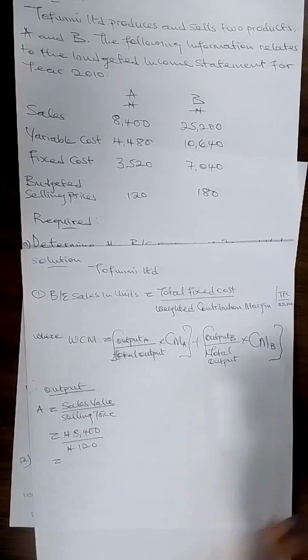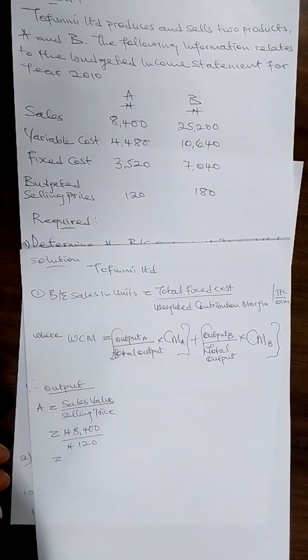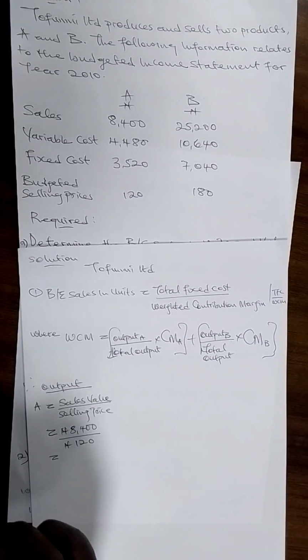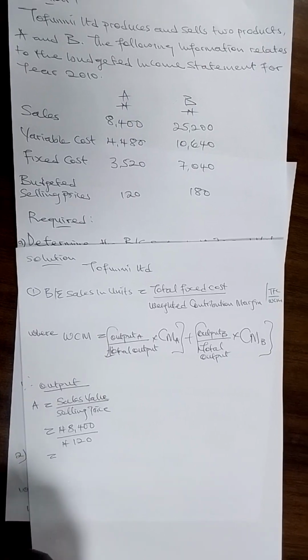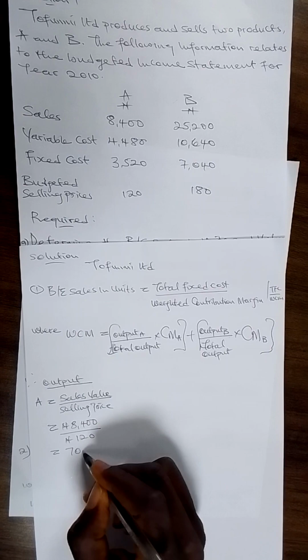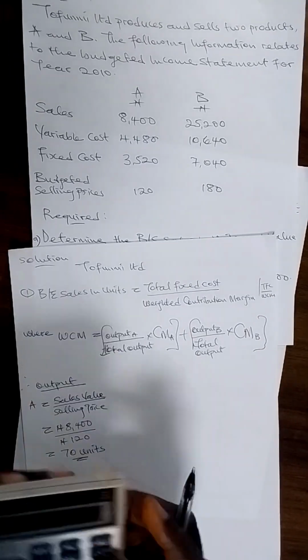So 8,400 divided by 120, we are having 70 units. This is for A.